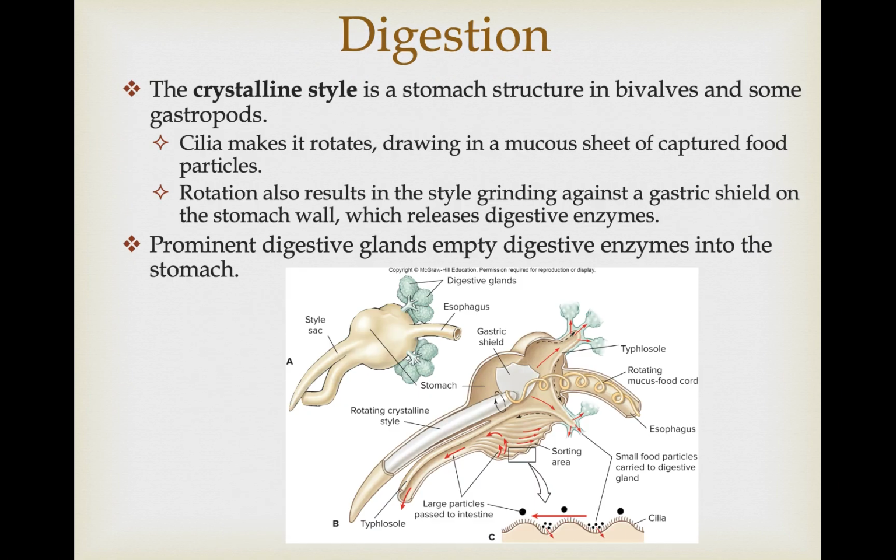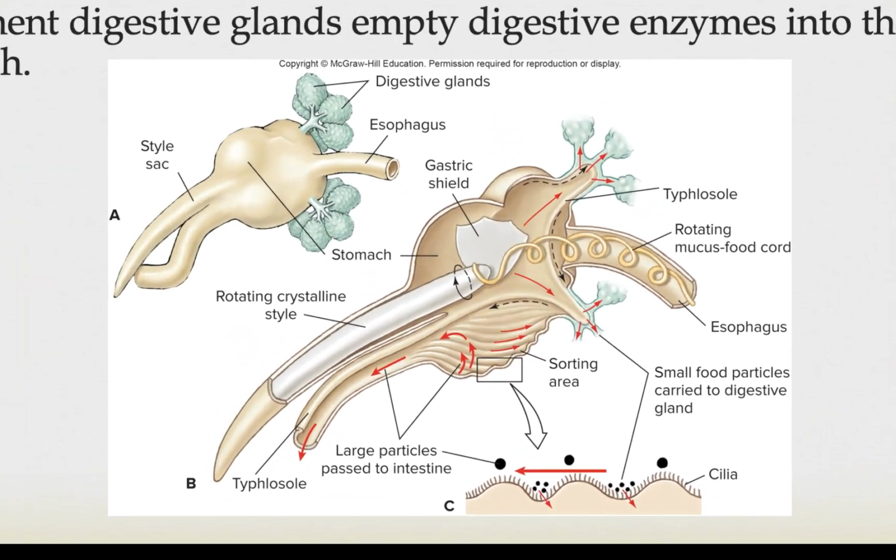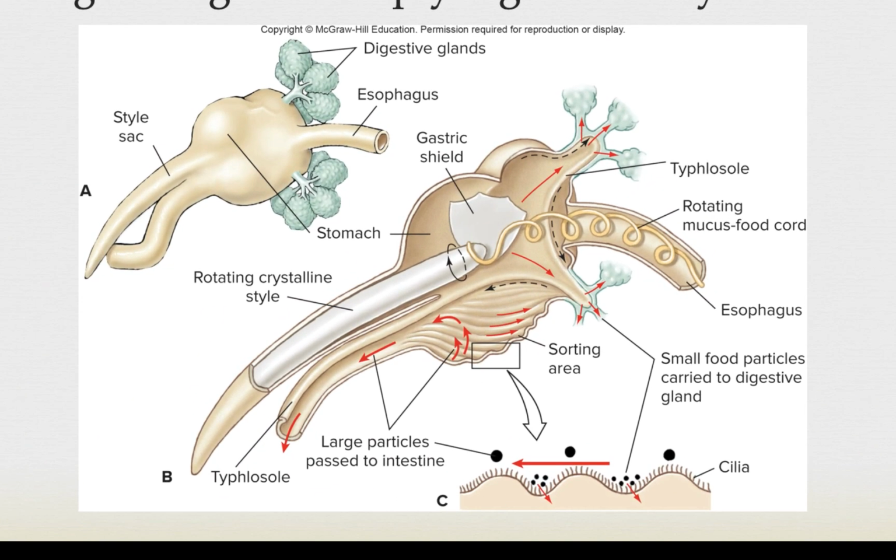Bivalves have an interesting structure called the crystalline style that's in their stomach. Again, in bivalves and some gastropods, there's cilia that actually rotate this free-floating crystalline style. As it spins, it draws this mucus cord with food through the digestive tract. So here we can see that the mouth would be out here.